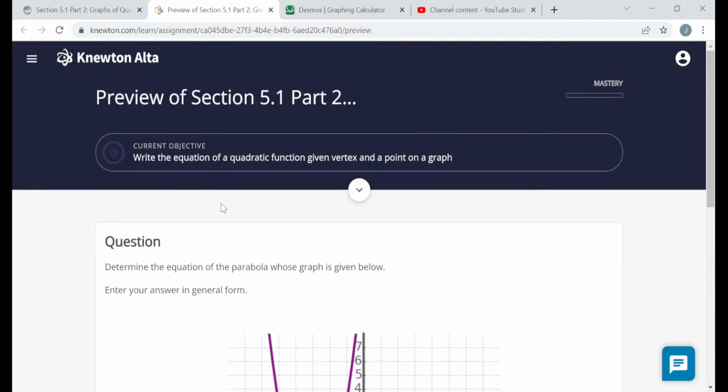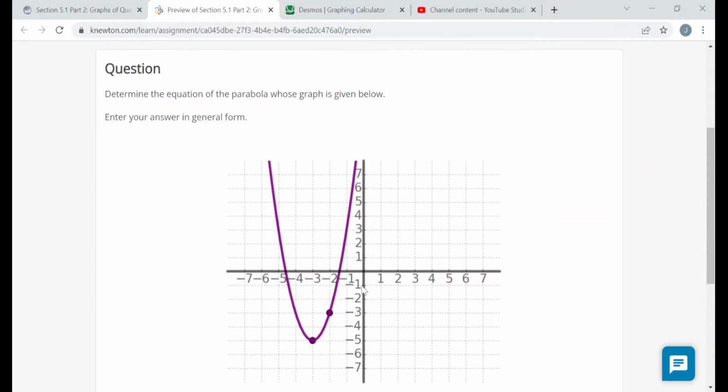Okay, so this first objective I'm looking at is: write the equation of a quadratic function given the vertex and a point on the graph. All right, so we have a parabola here. Remember, the graph of a quadratic function is a parabola. And it's a parabola opening up, right?